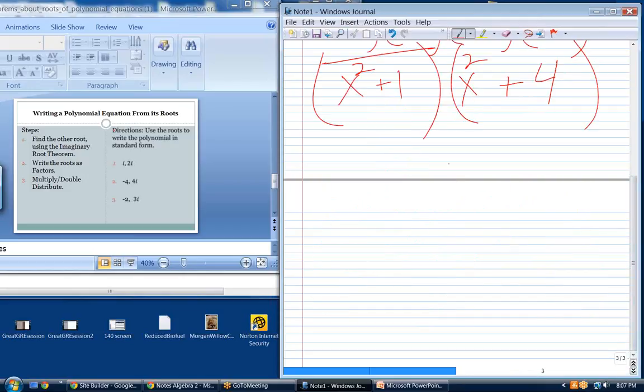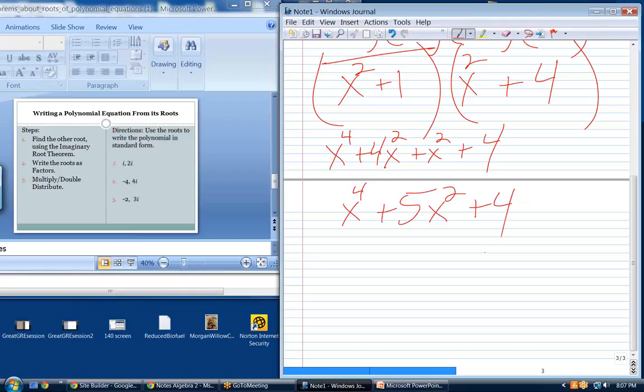Multiply these two together, foiling them. We get x to the 4th plus 4x squared plus x squared plus 4, which is x to the 4th plus 5x squared plus 4.